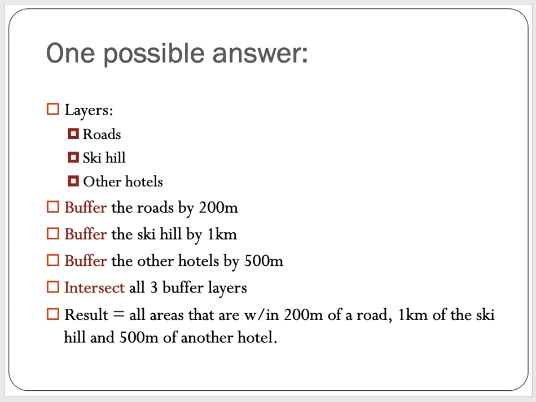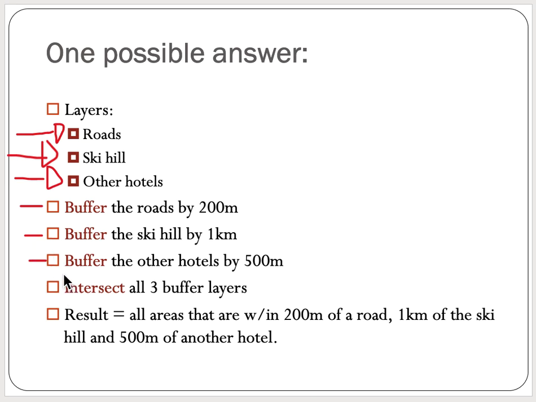So one possible answer, you will need to have at least 3 layers. One layer showing the roads, one layer showing the ski hill, and one layer showing other hotels in that area. And then now we're going to be using geoprocessing tools. In this case, we'll be using buffer. So you'll be buffering the roads by 200 meters, buffering the ski hill by 1 kilometer, and buffering the other hotels by 500 meters.